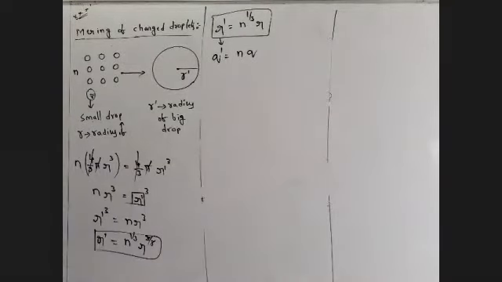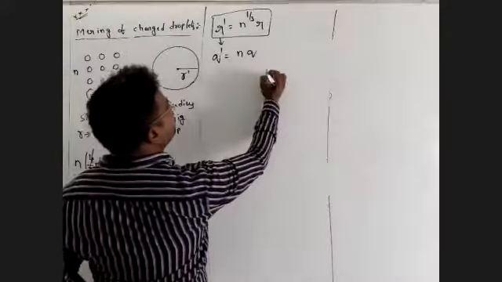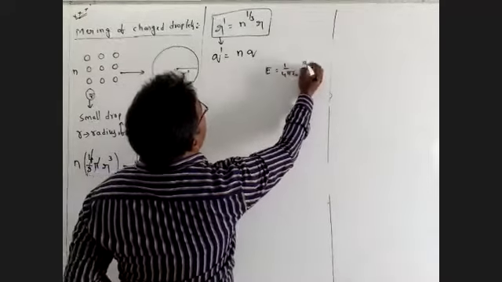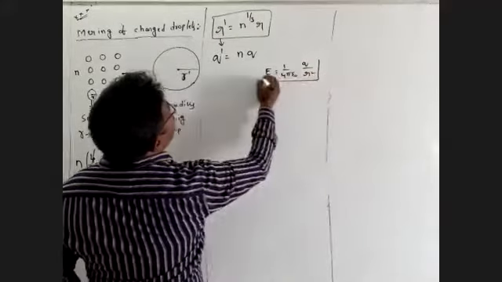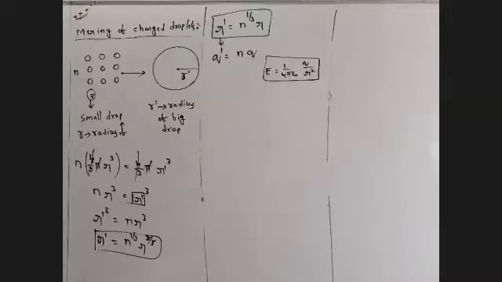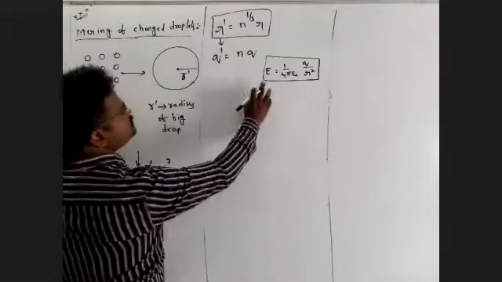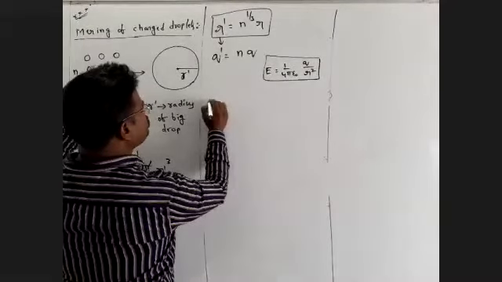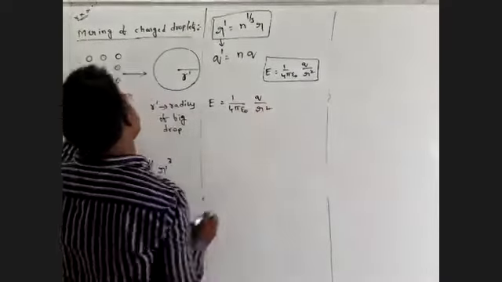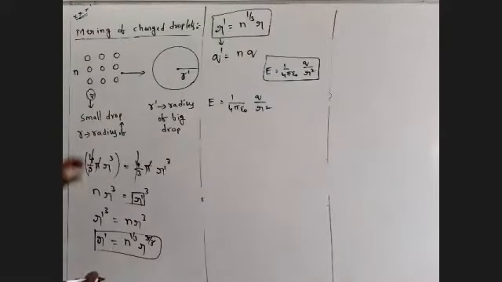Next, I'm taking the electric field. What is the electric field formula? The general formula is E is equal to 1 by 4 pi epsilon naught Q by R squared. For a small drop, E is equal to 1 by 4 pi epsilon naught Q by R squared.